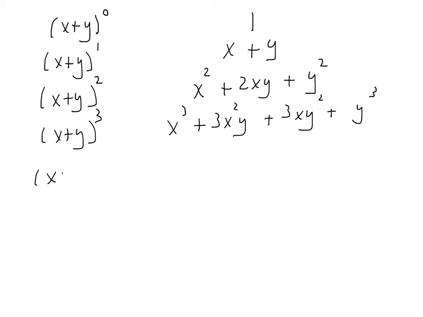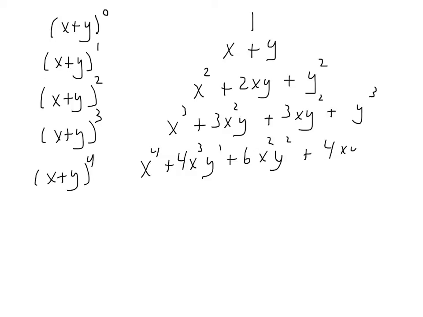I'm going to take another one. X plus y to the 4th will give me x to the 4th plus 4x to the 3rd y, plus 6x squared y squared plus 4x y cubed plus y to the 4th. One last one here for you.